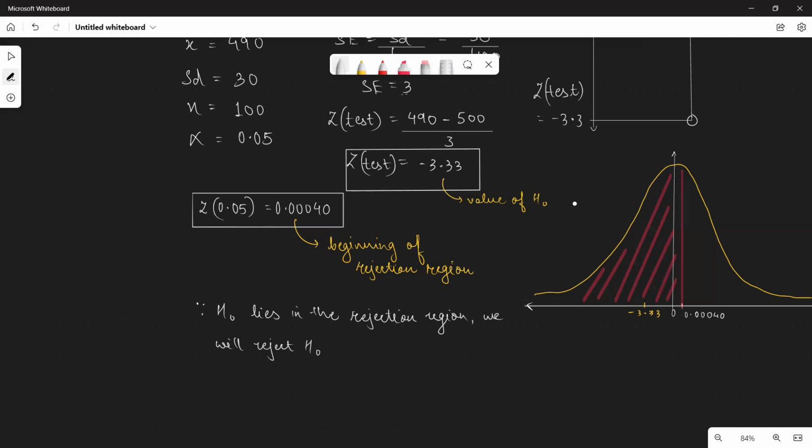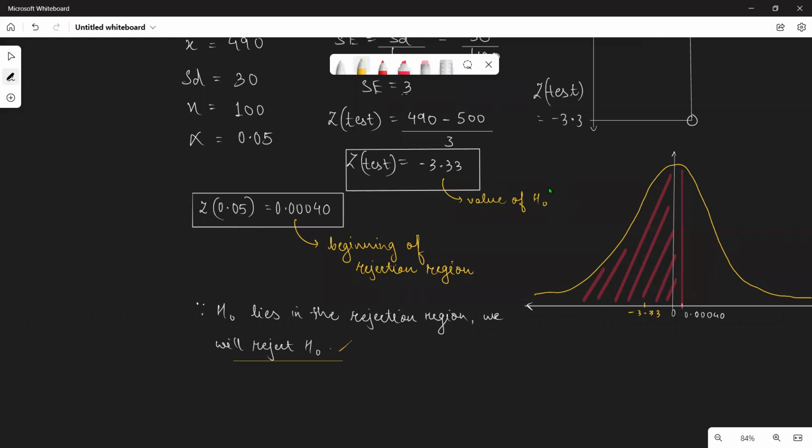And when we reject H naught, what happens? That means the claim of the company is wrong. They are making false promises. All these things you can write down by yourself. We reject H naught. This is the final inference.